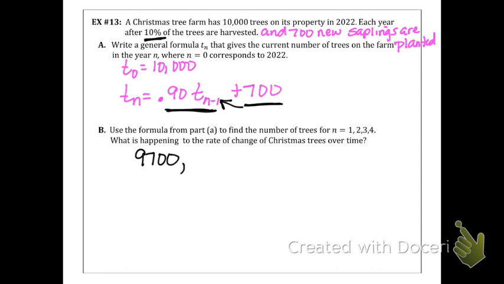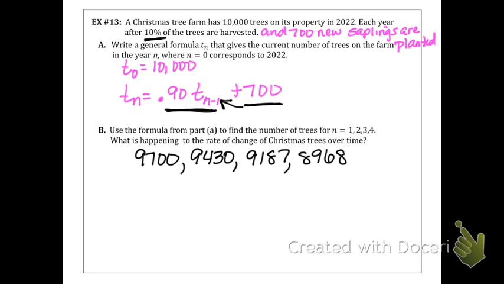And then we're going to take 90% of that plus 700, and that's going to give us 9,430. And then we're going to take 90% of that plus 700. That's 9,187. Then 90% of that amount plus 700 gives us this. So there's our years 1, 2, 3, and 4.